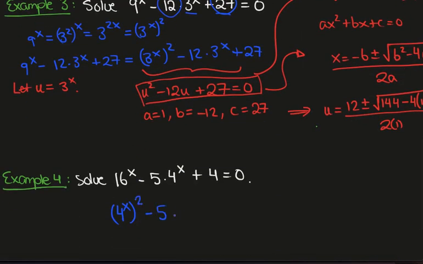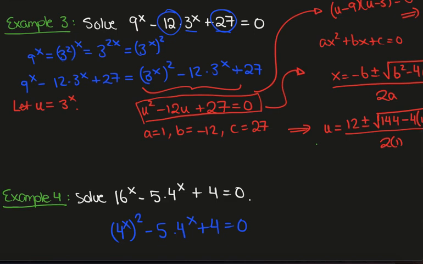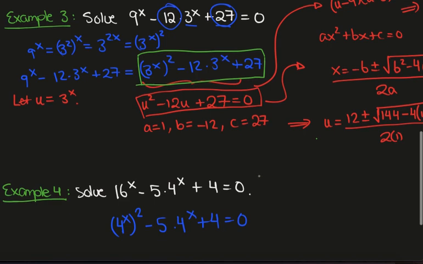And then we'll have minus 5 times 4 to the x plus 4 equals 0. That's exactly the same as this, except the 12 has now moved to a 5, and 27 has become a 4.